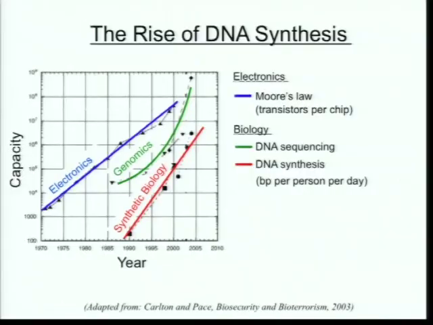This is usually the slide that I start out with, and it is something that really inspires our lab. It's showing the growth of several technologies over time, where the blue line is what's known as Moore's law, where the number of transistors per chip has been doubling about every 2 years, and this has led to electronics and computers and so on. 2 technologies in biology have been growing even faster than that.